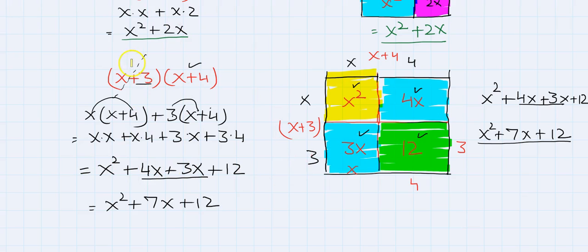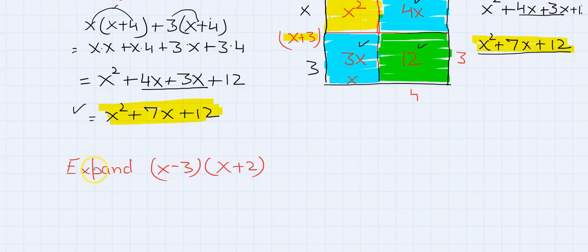That is the answer when we multiply x plus 3 by x plus 4. As you have seen, we are getting the same answer. So in exams, you can use this method for any question like x plus 3 and x plus 4.